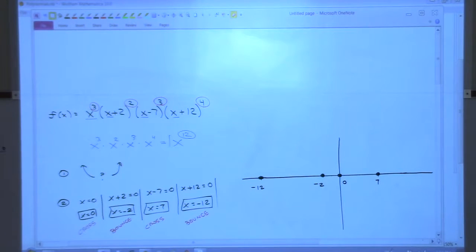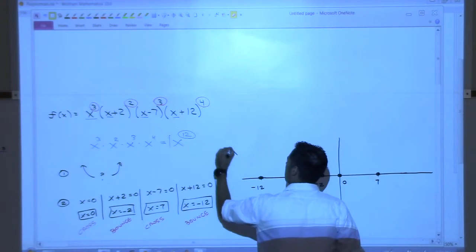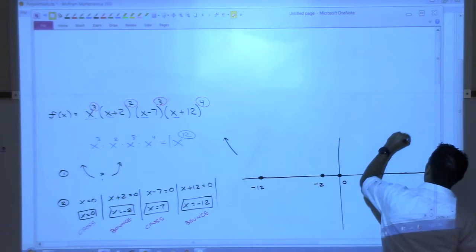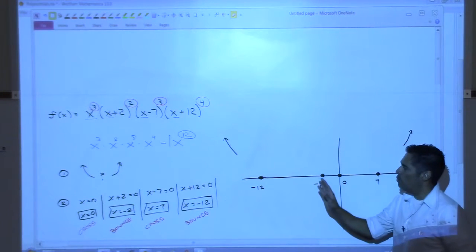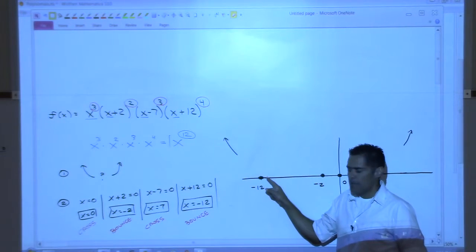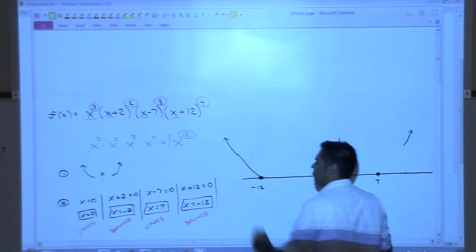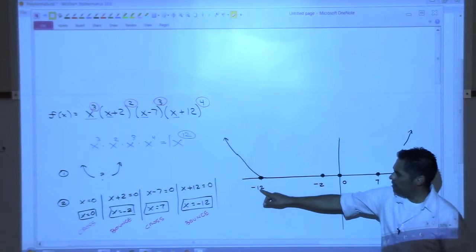Okay, what comes next after I put all the x-intercepts? The 2 little arrows. So I'm supposed to go up over here and up here. Now let me explain why I am not telling you to attach these yet. See, if I attach, let's say I did that, then what am I supposed to do at negative 12?